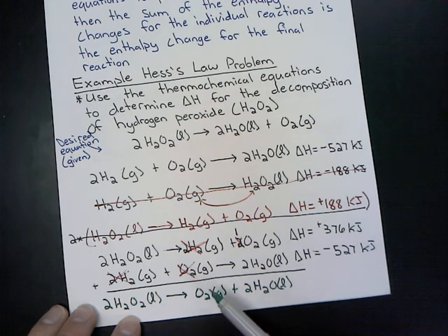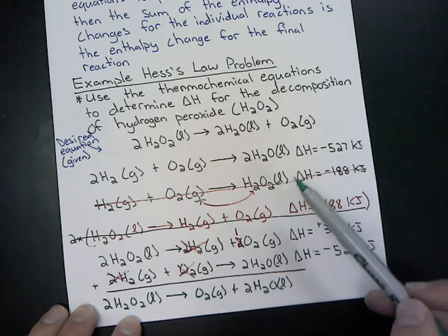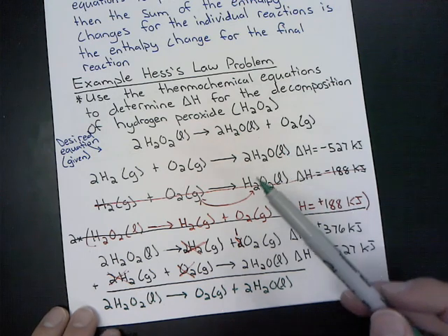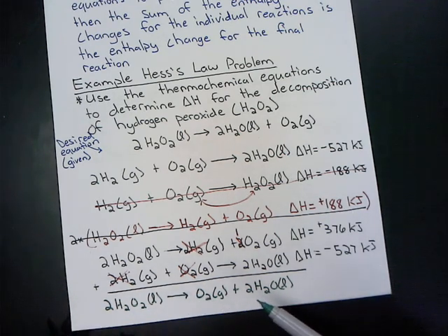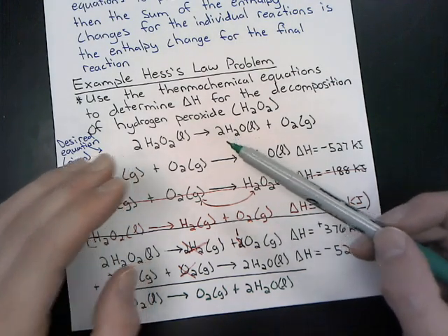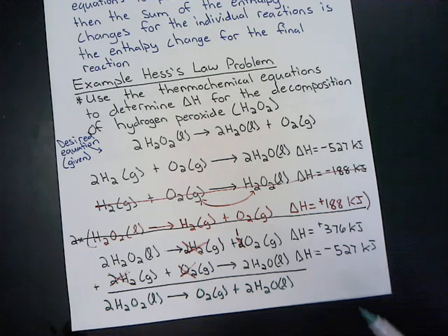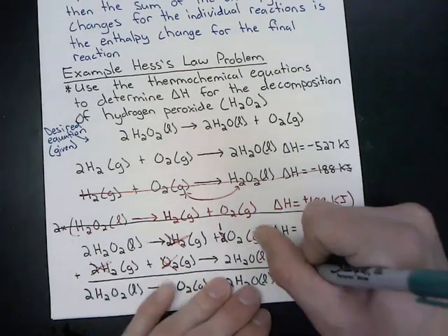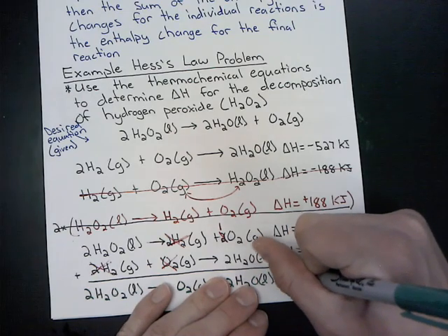And again, just because it's closest to the arrow, it doesn't matter as long as it's a product like we have in our desired equation. So this check right here works out. This should match this equation up top. That's our first check.